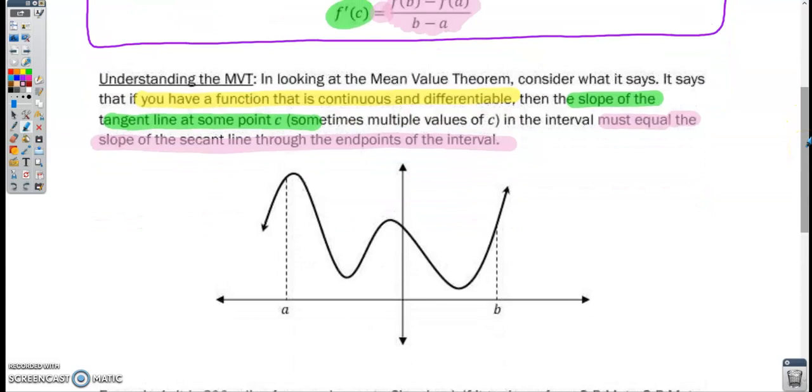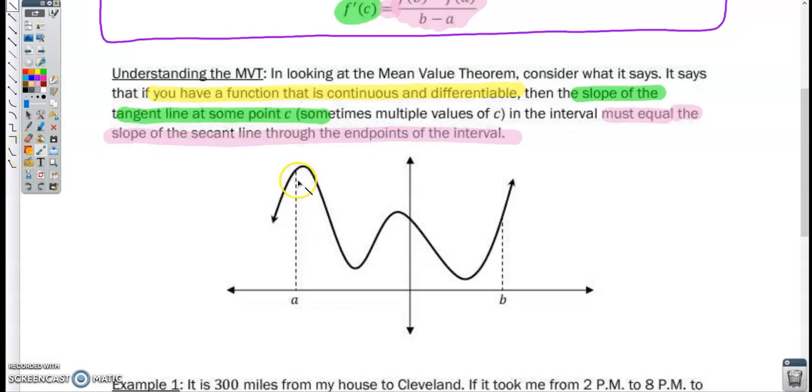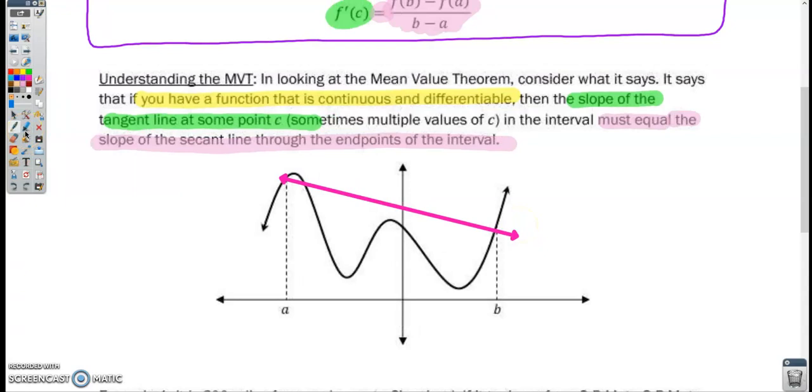If you look at what's going on, we're talking about the slope of the line through the endpoints. So if I draw in the line through the endpoints here, there's the secant line that goes through those two endpoints. And you can visualize a number of places on this curve where a tangent line to this curve has this same slope. Like right about here is one. Right about here is another one.